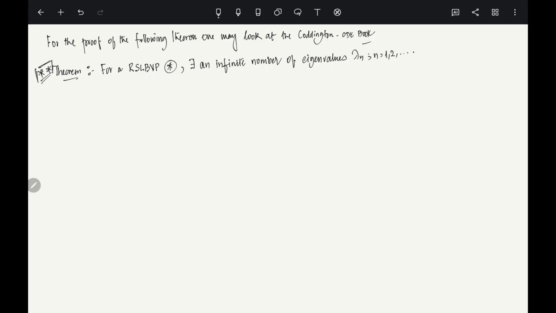And the beautiful part is this. These lambdas, although they are real, it's not like a continuous spectrum. It's always a discrete spectrum, lambda 1, lambda 2, basically a countable number of values. These eigenvalues can be arranged as a monotonically increasing sequence.